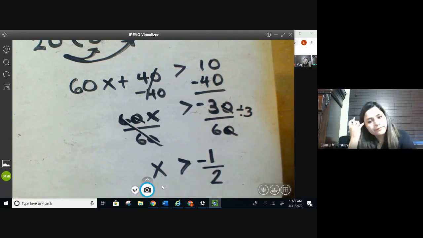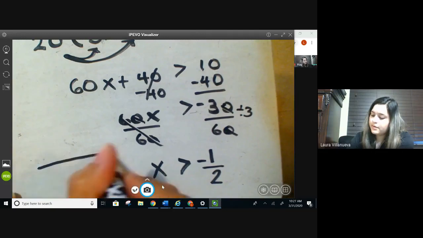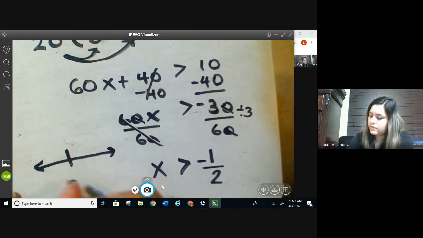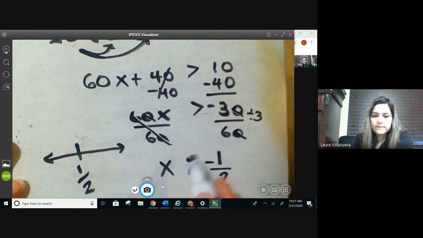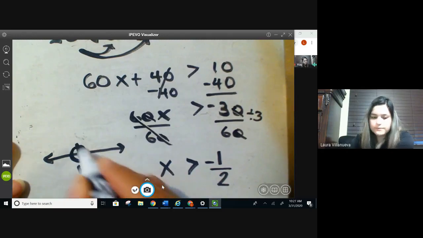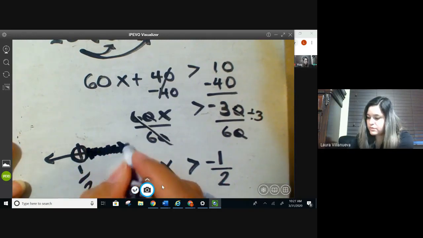Negative 1 over 2 is your answer. This is actually open. Leave it open, and you're going to shade on the right side.